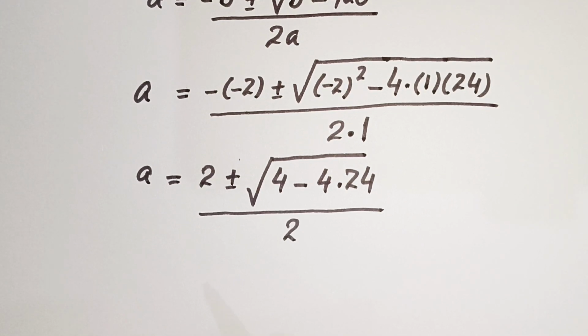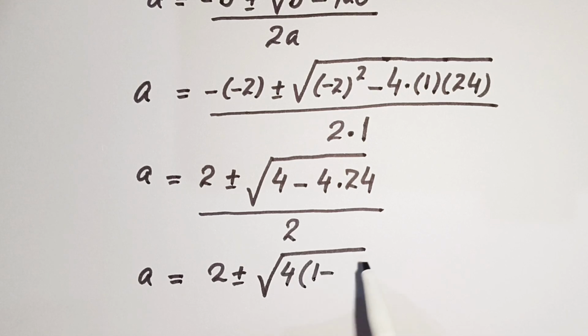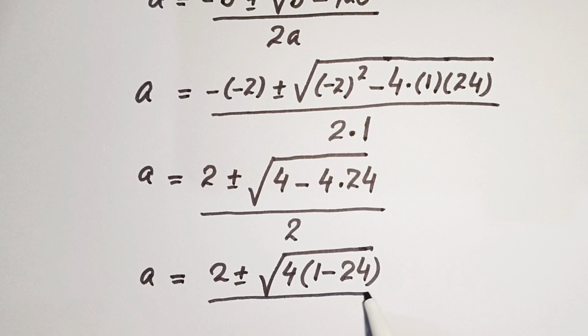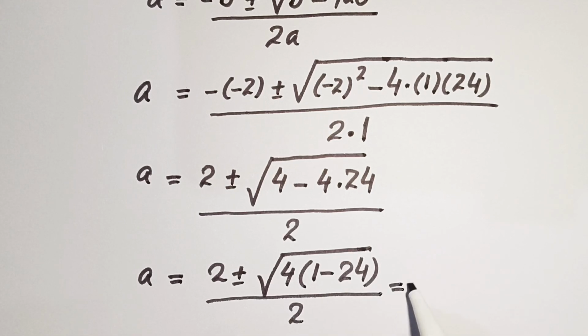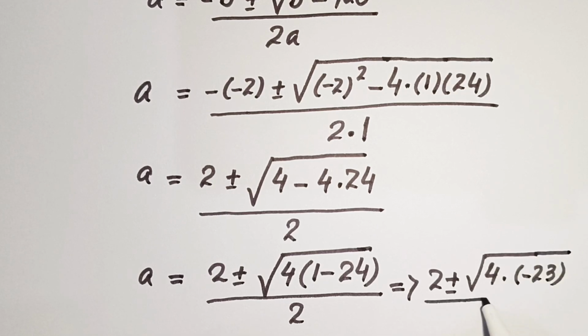Now a is equal to 2 plus minus the square root of, if we take 4 common, 4 times 1 minus 24, all over 2. Here we have 2 plus minus square root of 4 times 1 minus 24, which is minus 23, all over 2.